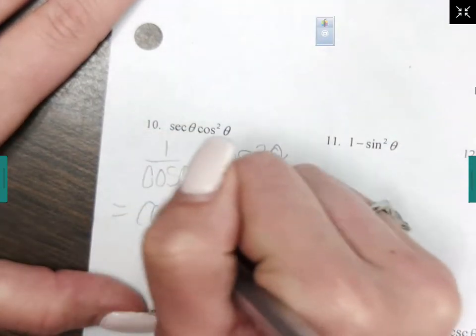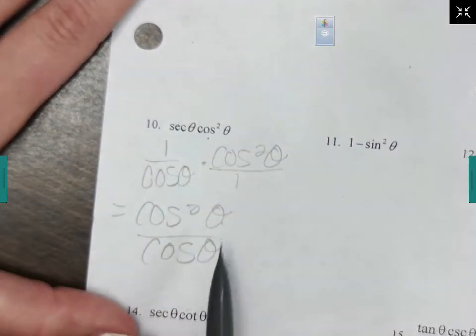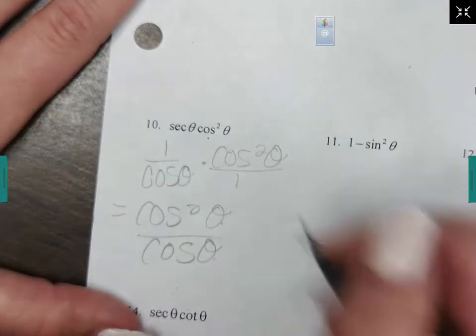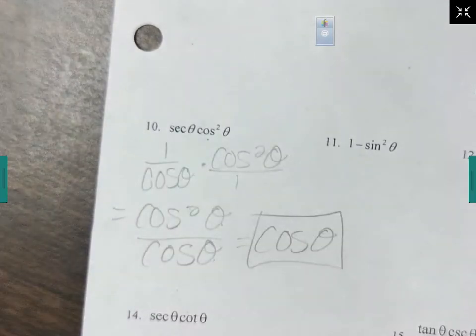So this is just cosine squared of theta over cosine of theta, which means you've got 2 cosines in the top, 1 in the bottom, so you can cancel out one of them, and this is just cosine of theta. That's your answer. Number 11 is one of those that we should be able to look at and obviously identify as a Pythagorean identity. Very good.